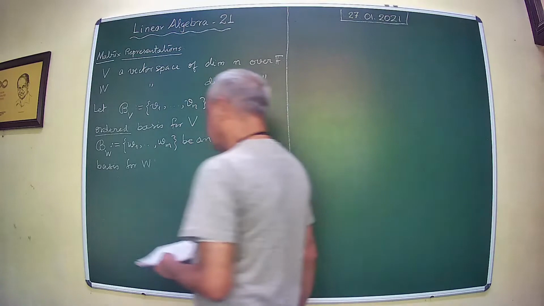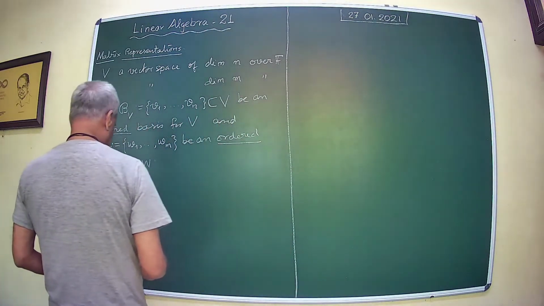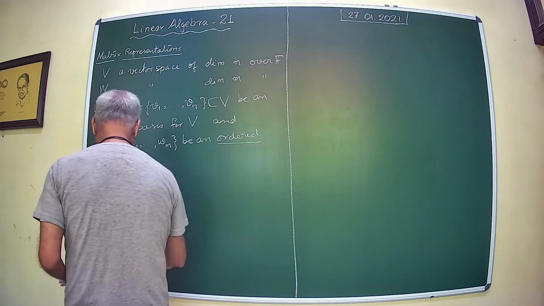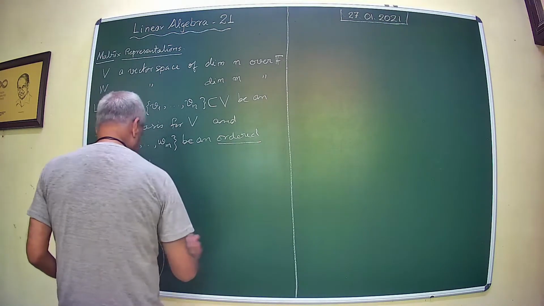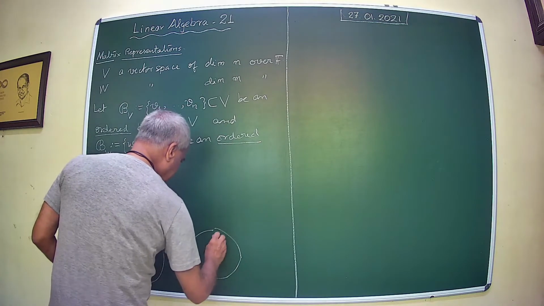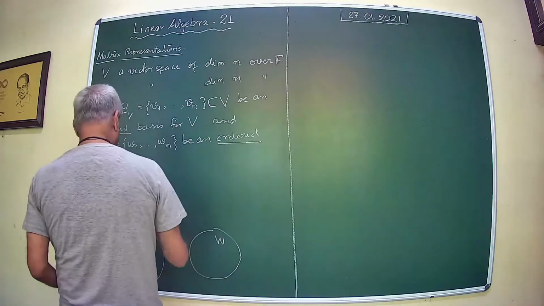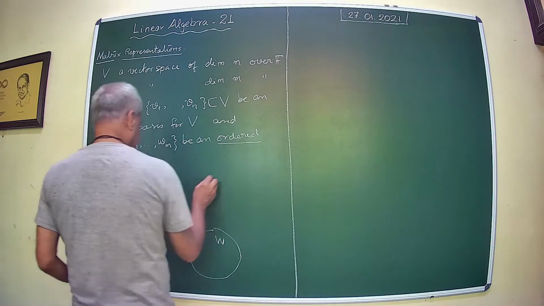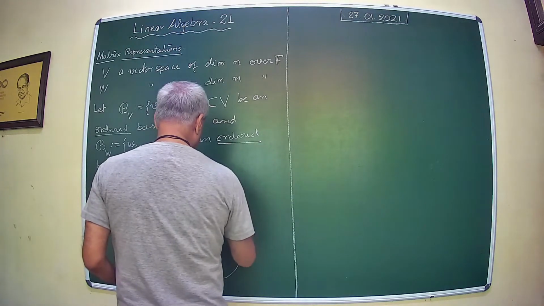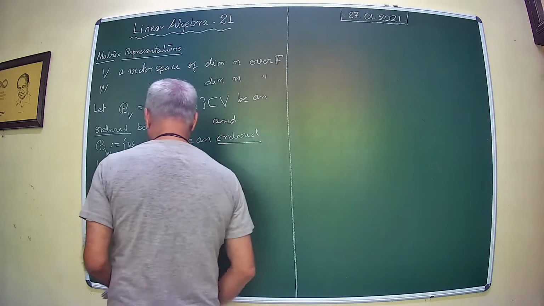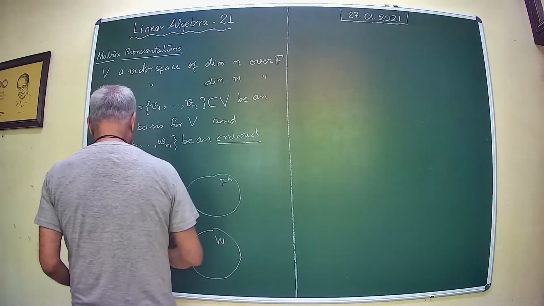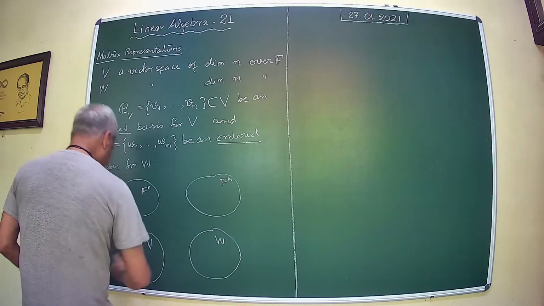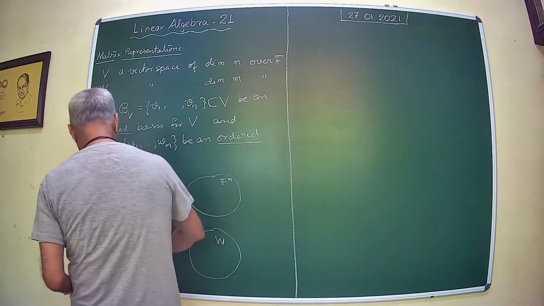Now let us try to picture this. This is V, this is W. Now you have a copy of Fn. Then you have chosen a basis BE corresponding to BV.